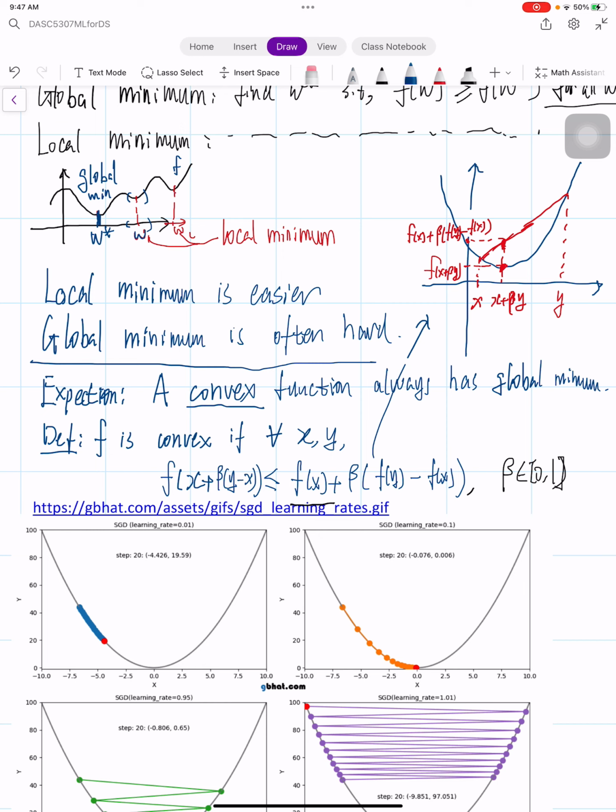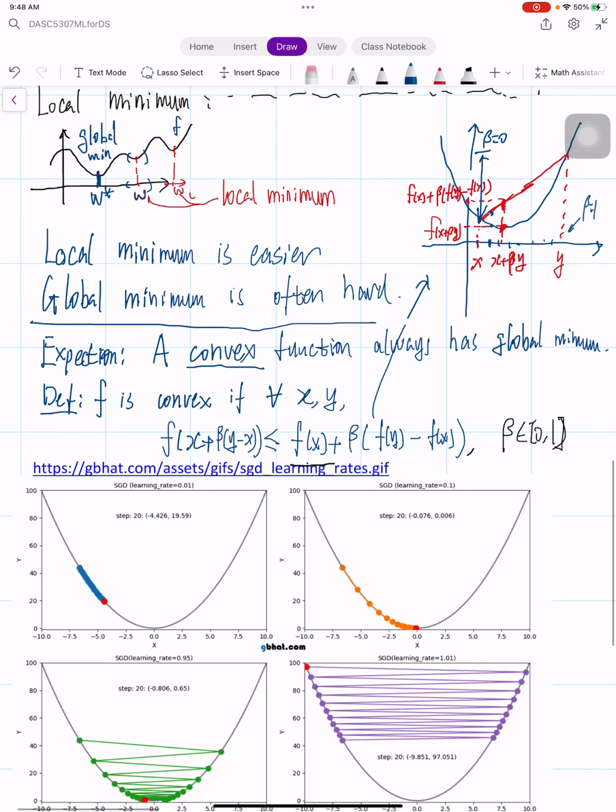If beta is 1, we get y. So beta equals 0 is this point, beta equals 1 is this point, and when beta ranges from 0 to 1, we get all possible points in between. And any point on the line segment is higher than the function value at that point. So that is what convex means. For those cases, we always have the global minimum.